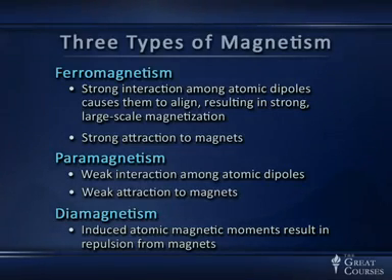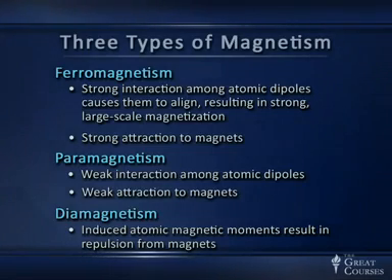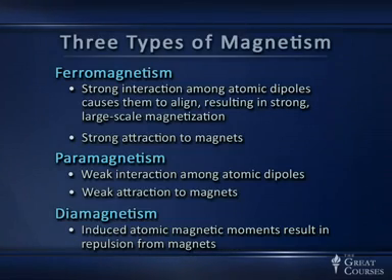So diamagnetism is the opposite of paramagnetism in a sense. It's a weak interaction, but it's a repulsive interaction. Diamagnetic materials are repelled from magnets. These magnetic moments have to be induced by changing magnetic fields as, for example, a magnet approaches a diamagnetic material. So there are really three types of magnetism, and almost all materials are magnetic to some extent. But the only one we see in everyday life is ferromagnetism.